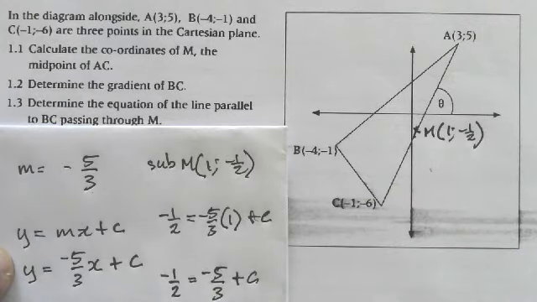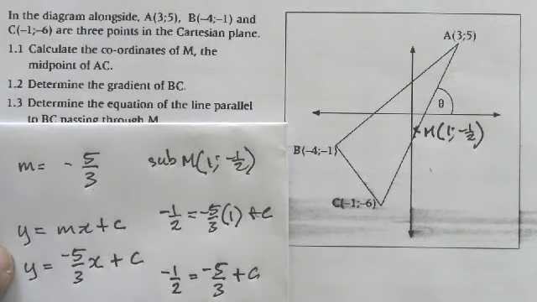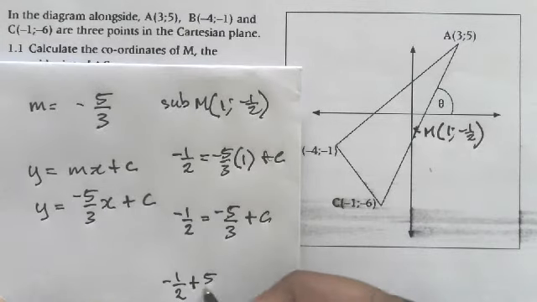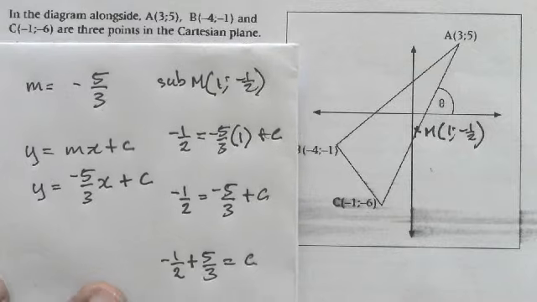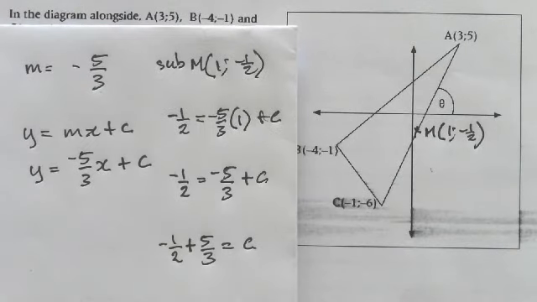So all you're going to do now is take the 5 over 3 over. So that means negative half plus 5 over 3, because remember I took it over, is equal to c. And then, well, fractions, just use a calculator.